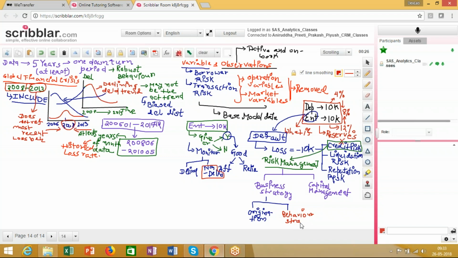Now, when I talk about the behavior risk management strategies, what we are trying to understand is how good or how bad is this borrower? So, what is his willingness to pay back the credit? And I see that Mr. Ambani is a perfectly diligent borrower who is paying back his credit every month.